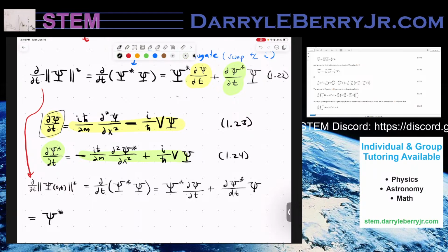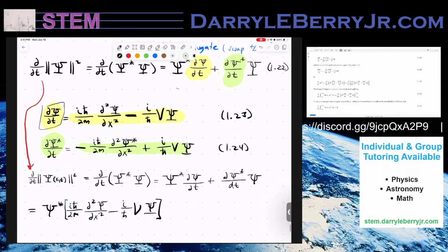So instead of the partial derivative of psi, I'll actually plug in what that is to solve the Schrodinger equation, which is the rationale I'm going with at this point until we get more details. All right, and then we have plus.